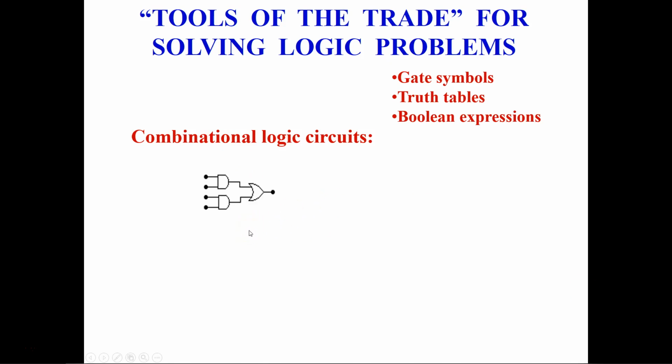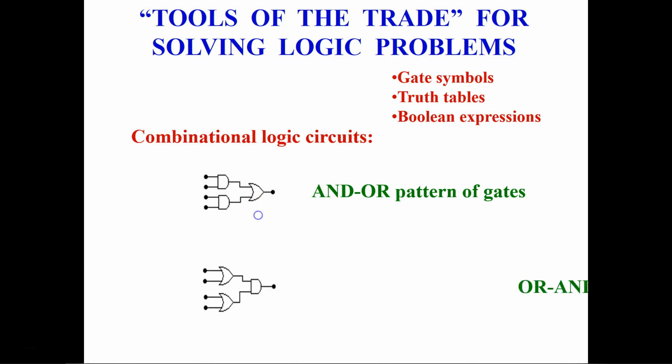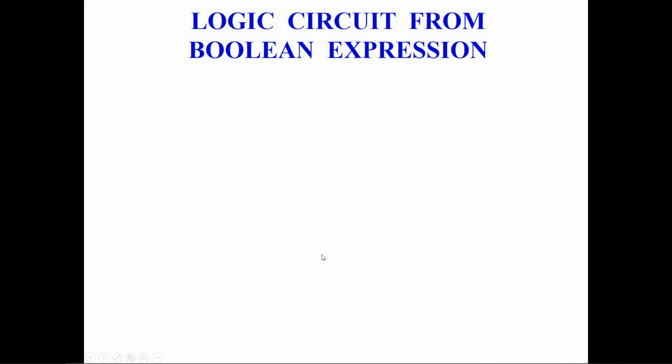This is your AND-OR pattern of gates, and the next one is the OR-AND pattern of gates. Mostly, if you have been given a Boolean expression and you are asked to create a combinational logic circuit, you will be using these types of patterns using AND and OR gates. You can use other gates also, like NAND gates, but these are some of the basic gates you will start with. So let's see next, logic circuit from Boolean expression.